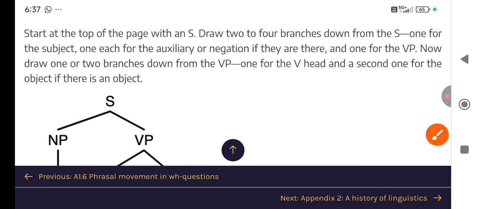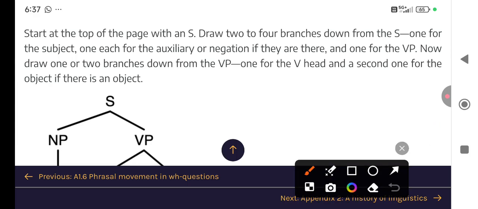Start at the top of the page with an S. S is the sentence. Draw two to four branches down from the S, one for the subject, one each for the auxiliary or negation if they are there, and one for VP.